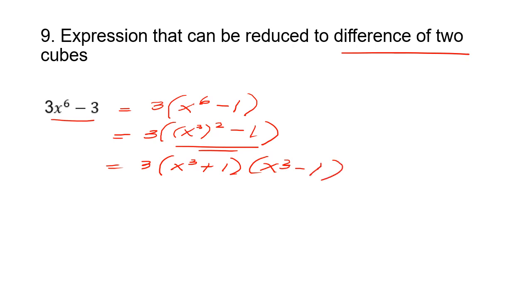Then now we have the sum and difference of two cubes na, right? So for this one and this one, kasi the cube of 1 is 1, so we just simply have 1.